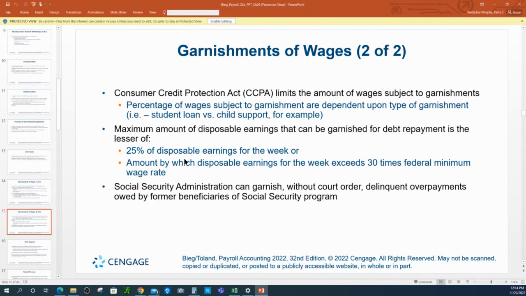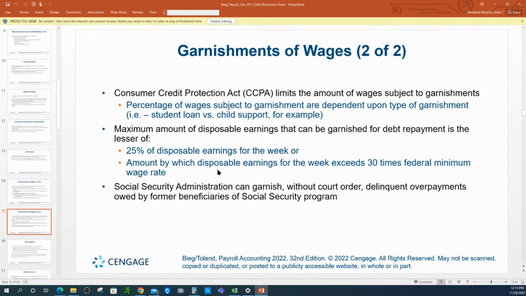So what are some of those limits? The maximum amount of disposable earnings that can be garnished for debt repayment is whichever is less of these two: 25% of disposable earnings for the week, or the amount by which disposable earnings for the week exceeds 30 times the federal minimum wage rate.